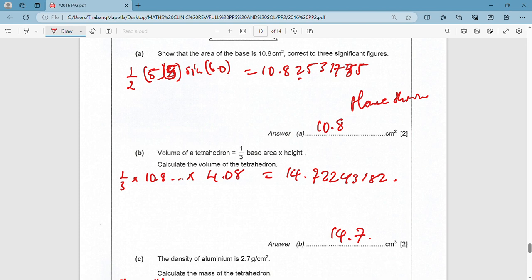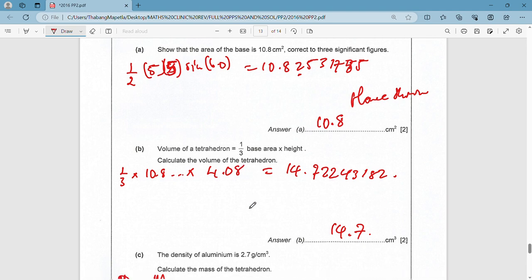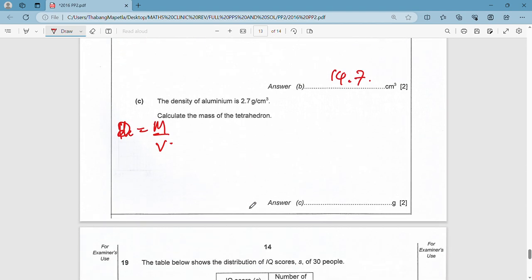25 over 2 times sine 60, so it's 10.8 like that. This one is mass over volume, and we are looking for mass.